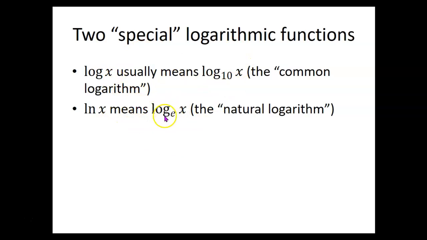If you use that particular number for your logarithm, that's what's called the natural logarithm, and it's abbreviated ln. L for logarithm, N for natural. So ln of x means the base e logarithm of x. And your calculator probably has a button on it labeled ln that will give you the base e logarithm of a number.